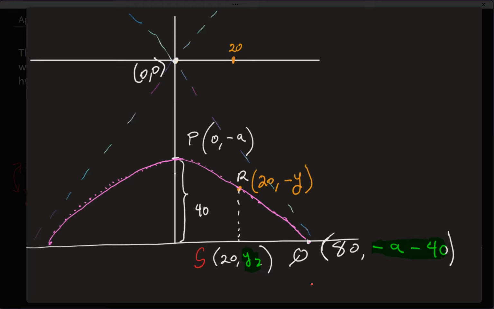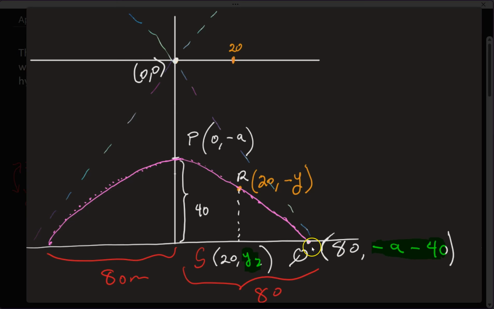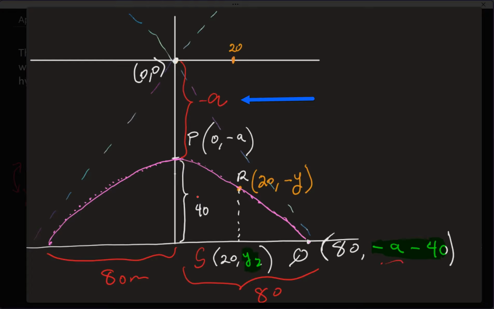So this side right here is 80 meters, and therefore the other side must be 80. So together it is 160. So this coordinate Q has the x coordinate of 80. And then the y coordinate, we just know that it's a. So this part right from here to here, that's your a, or negative a, and then you have to add another negative 40 to it, and then you get that coordinate.